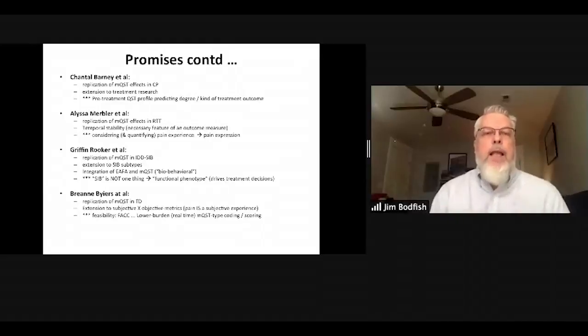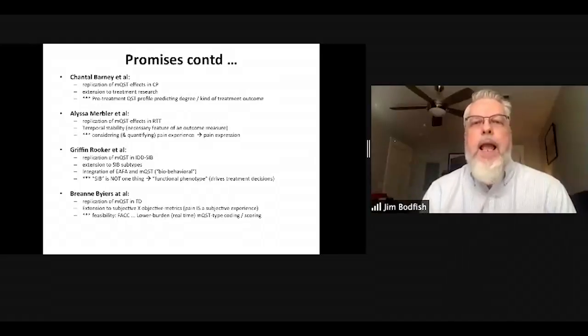Very important. Kind of related to that, what Alyssa was able to show us, again, extension to Rett syndrome, but a very important psychometric feature, temporal stability. This is a necessary feature of an outcome measure. It has to be temporally stable before it can be an outcome measure.